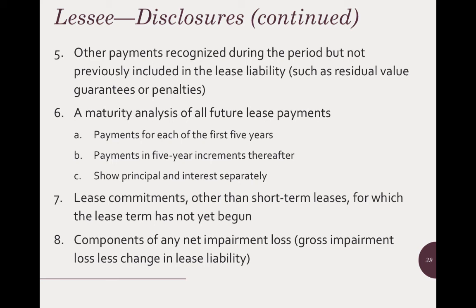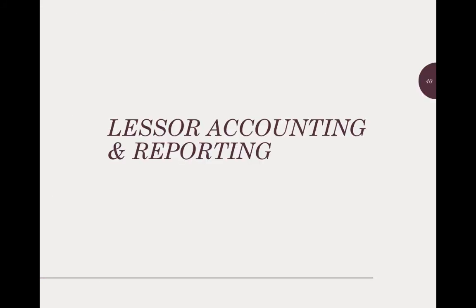If there are any commitments in the leases for which the lease term has not yet begun, so they've entered into this lease, but the lease didn't begin during that fiscal year or prior to the end of the fiscal year that's being covered by the financial statements, the government is identifying those. And then if there is any impairment loss on leased assets, the components of that net impairment loss are disclosed.